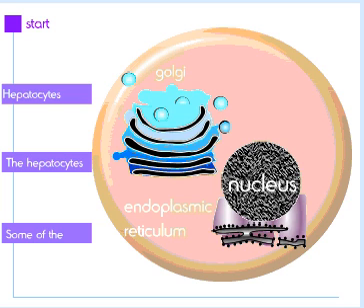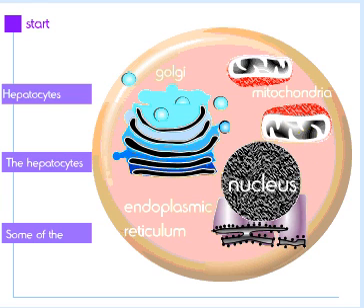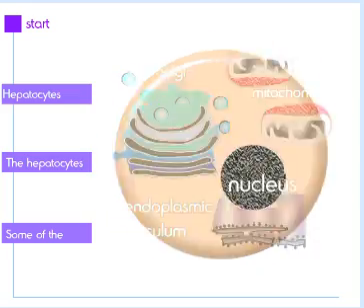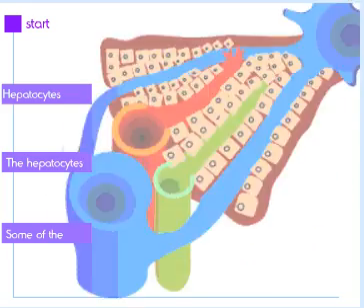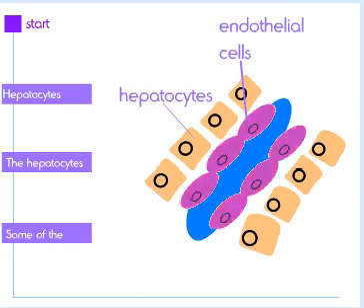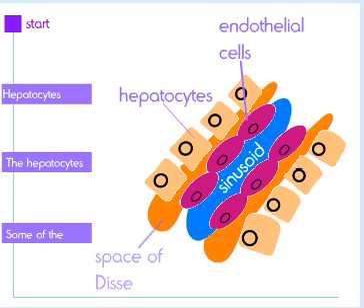There are also high numbers of mitochondria to provide energy to support the many metabolic functions of the liver. Some of the hepatocytes lie adjacent to endothelial cells which form the walls of the sinusoids. These 2 cell types are separated by a small space called the space of Disse.